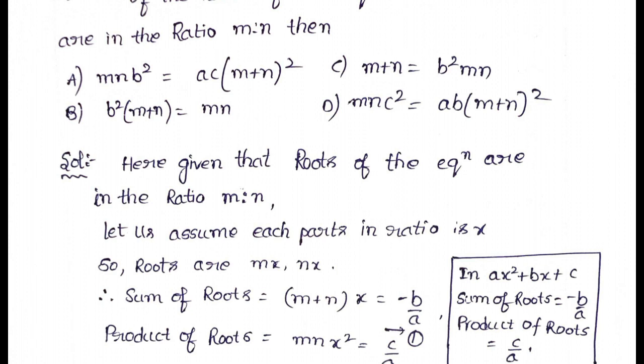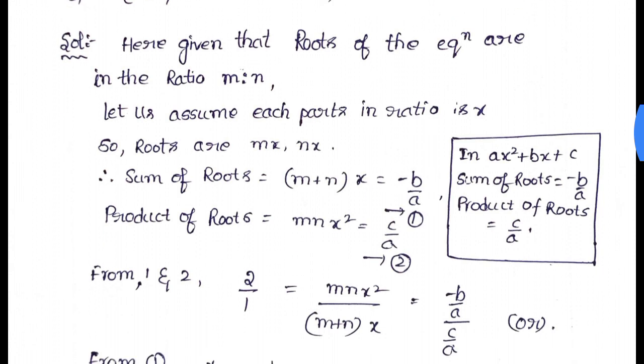The sum of the roots in this polynomial is minus coefficient of the second term by coefficient of the first term. That is, here the second term is the x coefficient, the first term is the x square coefficient. So the sum of the roots is m plus n into x.